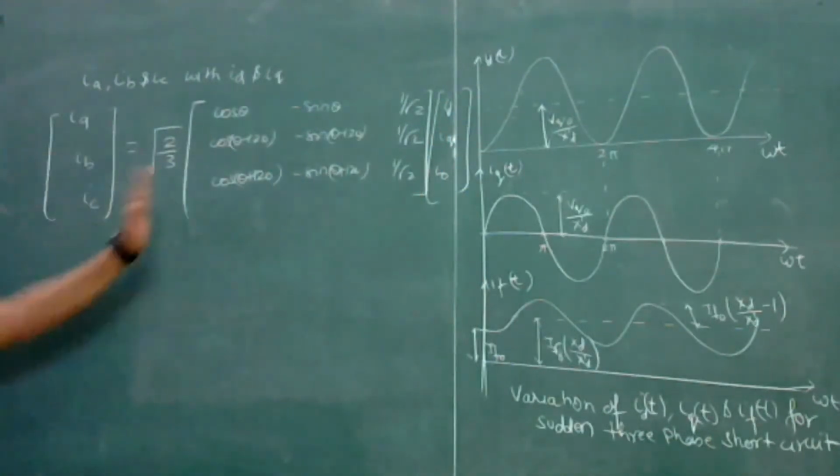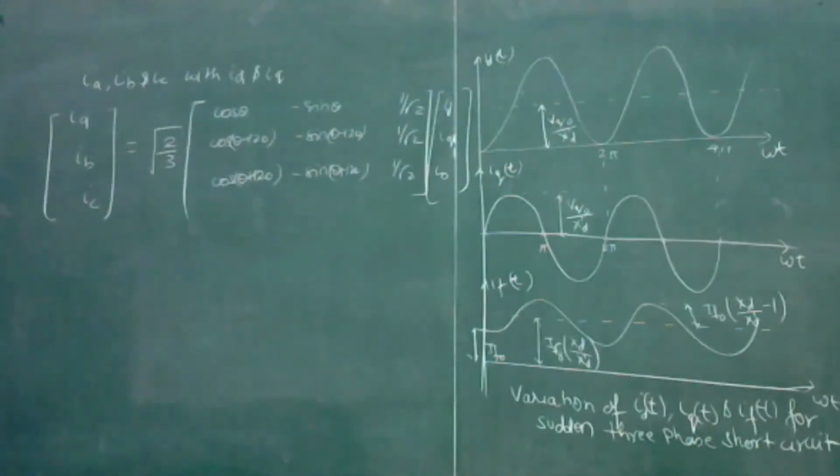Okay, so this is the relationship between three-phase current and two-phase current ID and IQ.